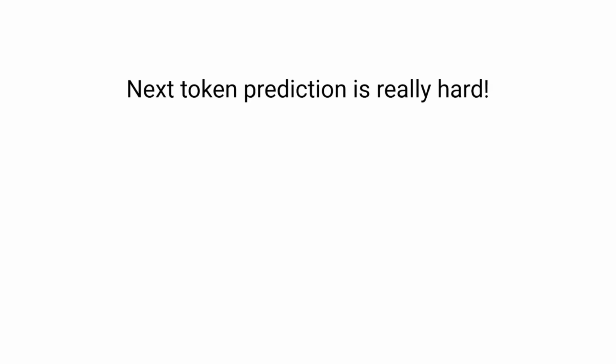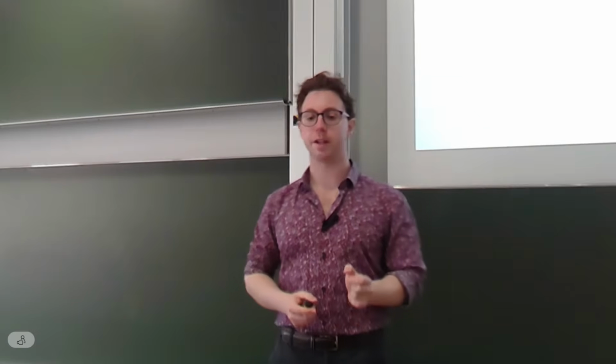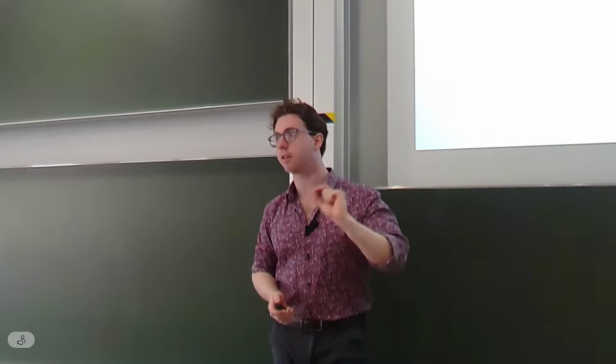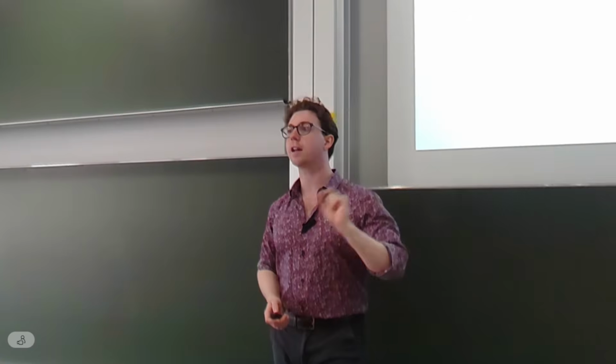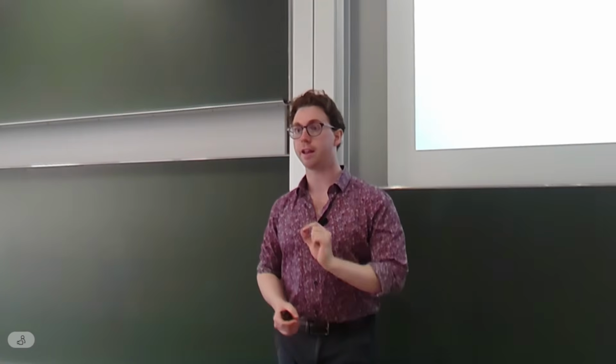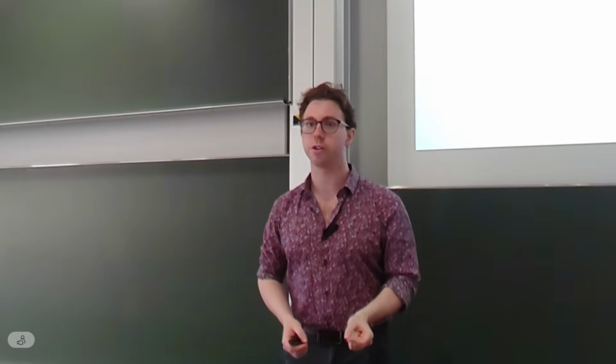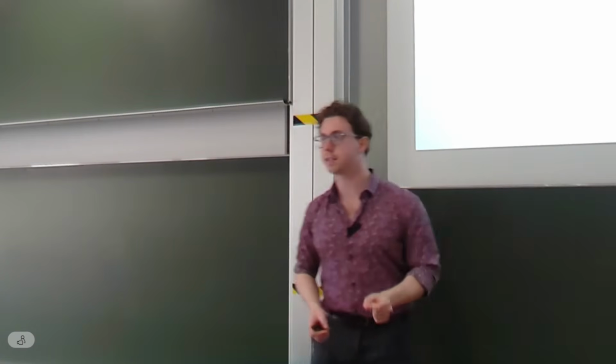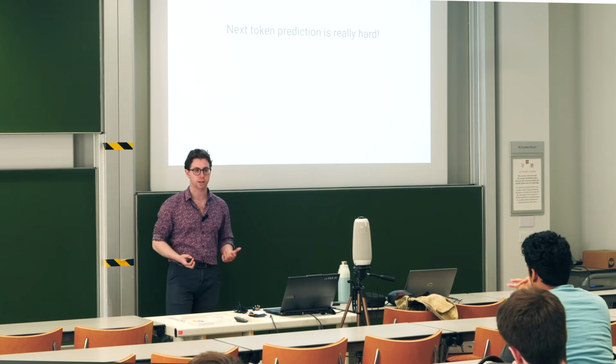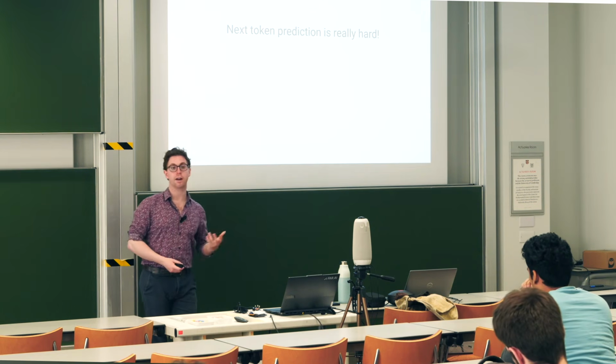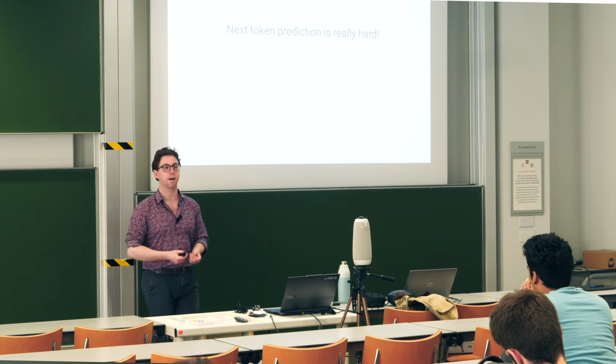All right. So the basic thing that I'm trying to express to you here is that next token prediction is a really difficult task. It's very tricky to get very, very good at. If you get just a little bit good at it, then it's actually pretty easy. You don't learn a whole lot. You just learn things like word frequency and syntax, and it's not very interesting. If you get a little bit better at it, you start to pick up semantics.